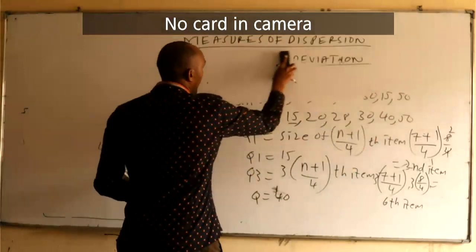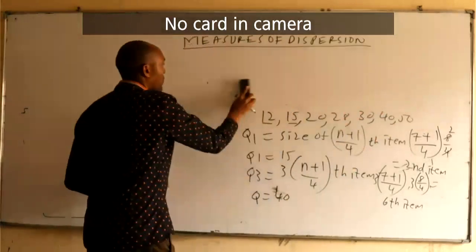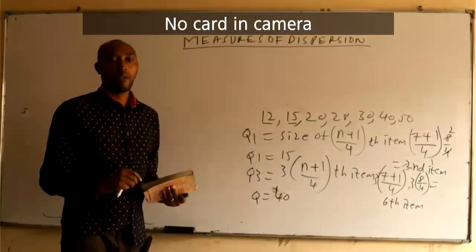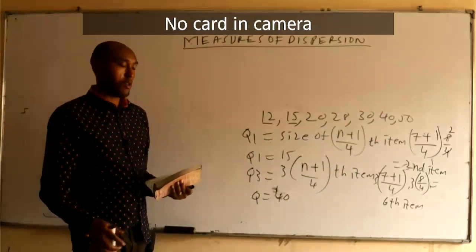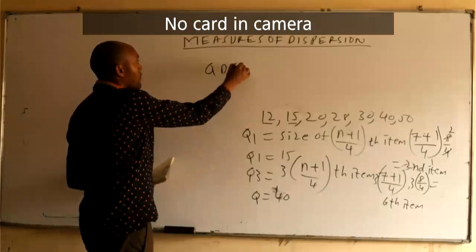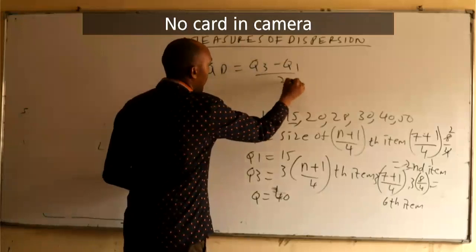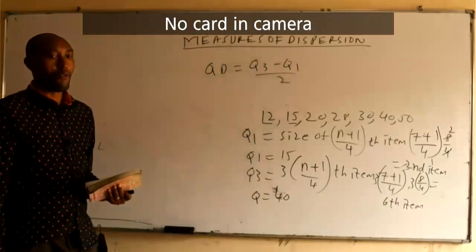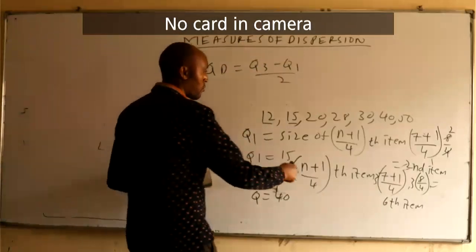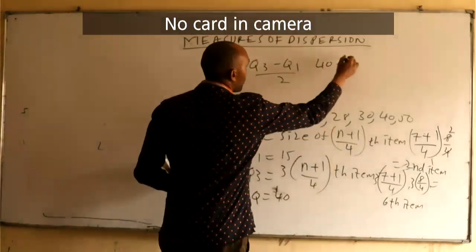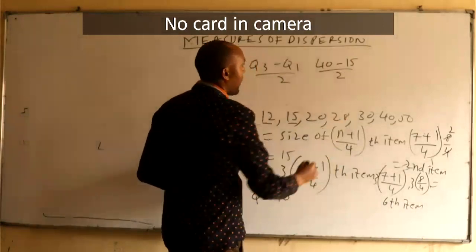So the quartile deviation. How do we calculate quartile deviation? We have said quartile deviation is equal to Q3 minus Q1 divided by 2. Already we have our figures, so just go straight away. We get our Q3, which was 40, and our Q1, which was 15, divided by 2.